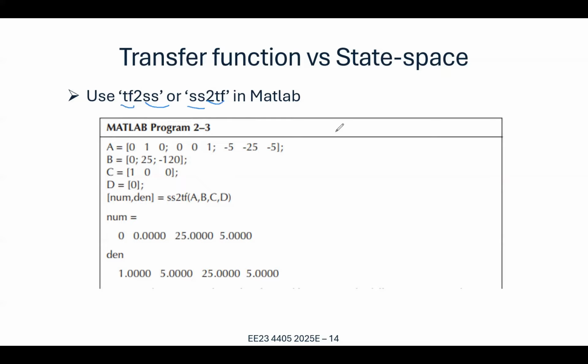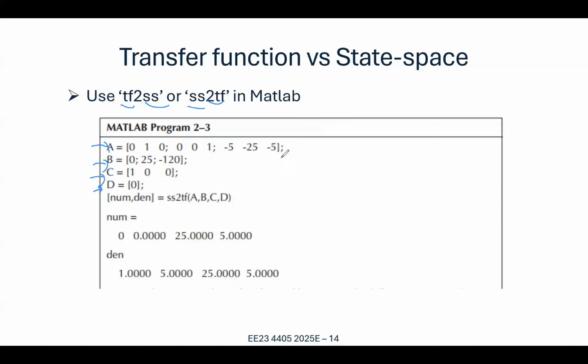These two can be done quickly. So here is the example. Here we have the state. Yeah, so these matrices are representation of state. So we have A here, we have B here, we have C here, we have D.